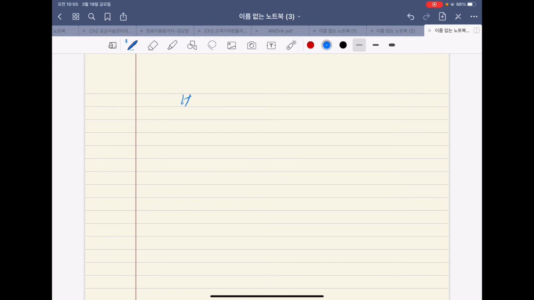So in terms of interaction, if we reject, then there is no need to check individual factors in terms of mean differences.